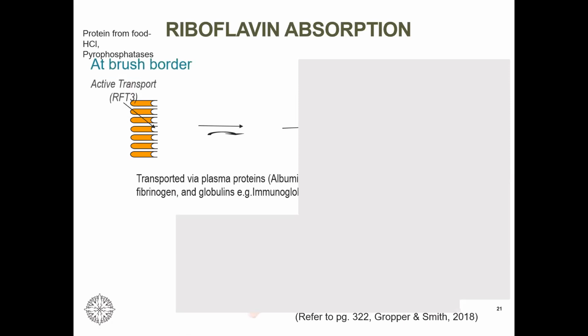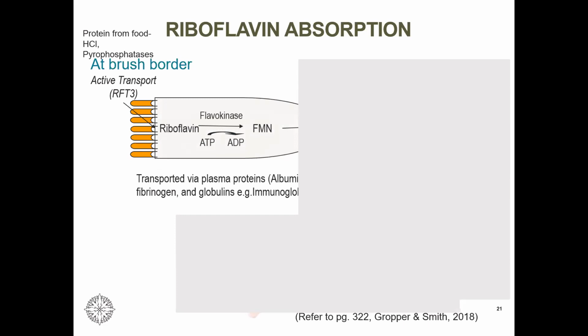So then at the brush border, that free riboflavin will get collected and we have active transport by riboflavin transporter 3. There are many, 1, 2, 3, in different organs, but from this subject perspective, you have to remember only riboflavin transporter 3, RFT3, and it will take it inside.